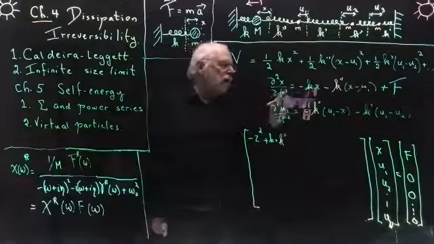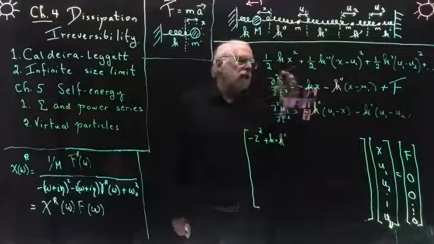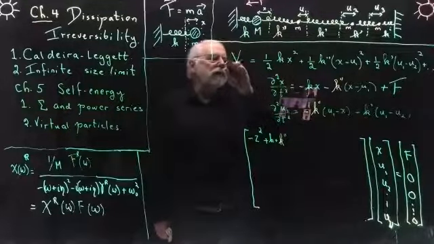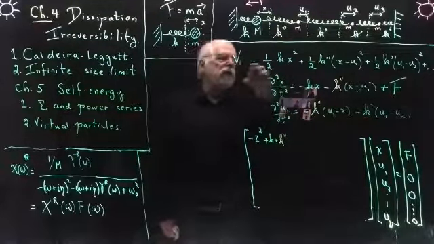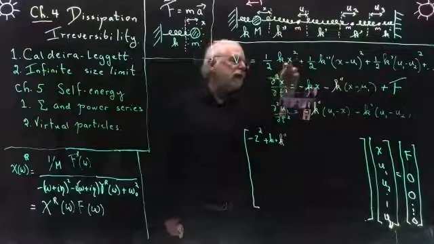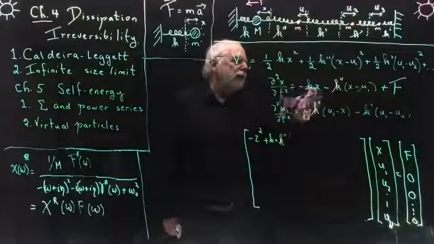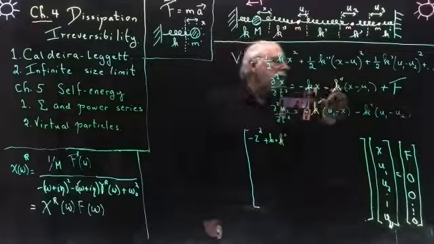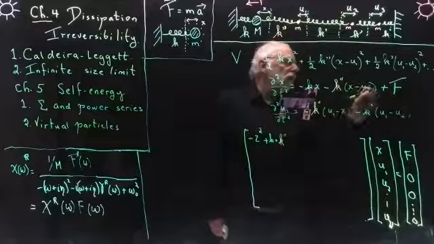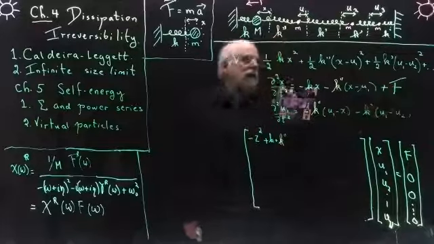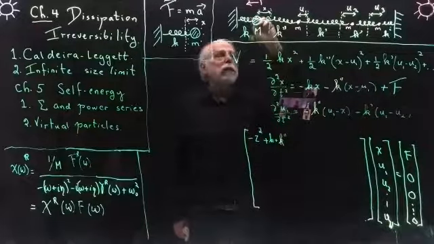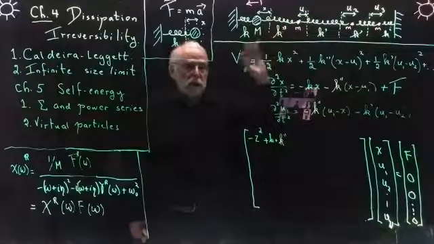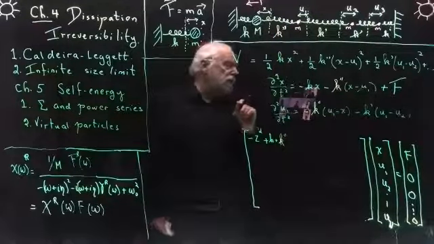Now the force here is minus the partial derivative of V with respect to x. So I have minus k x, and then minus k double prime times x minus u1, and then I have some external force on this mass. You can imagine, for example, that this one is charged and the other ones are not, and you're applying some electric field.